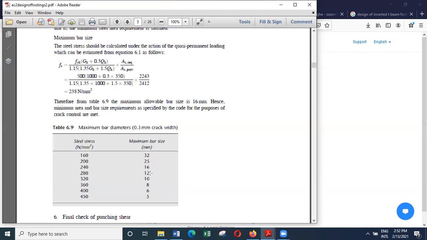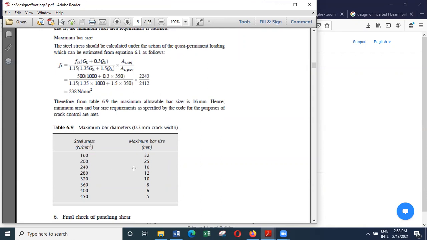On the other hand, if you would like to use a greater diameter, then you have to reduce the steel stress to this value by providing either additional reinforcement or by changing the depth of the section. You have to actually reduce the stress.